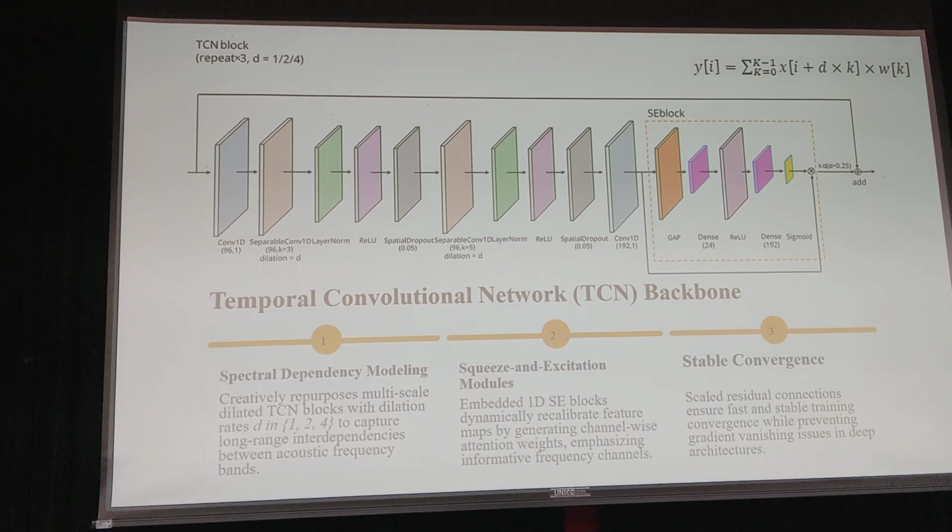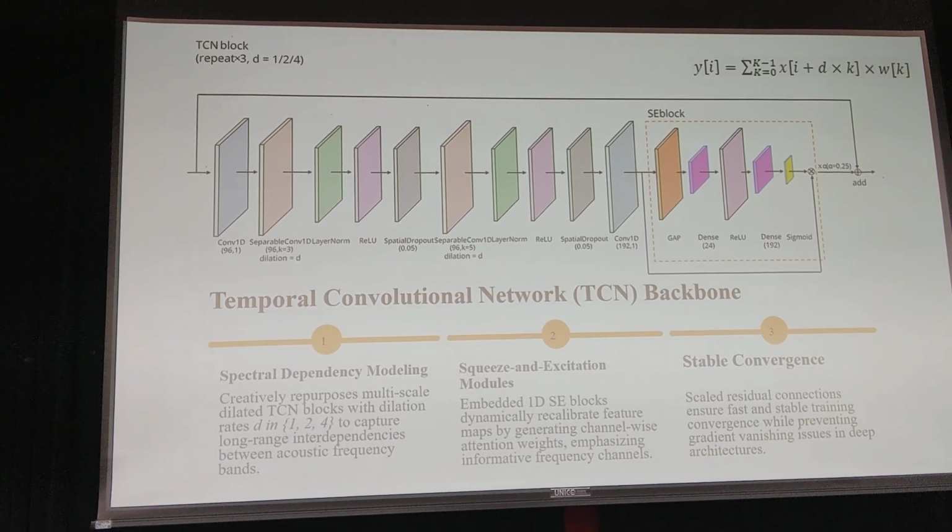Although the temporal dimension was averaged during preprocessing, modeling the complex interdependencies between different acoustic frequency bands remains crucial. To achieve this efficiently, the TCN uses dilated convolutions.